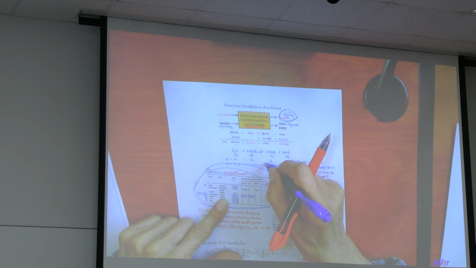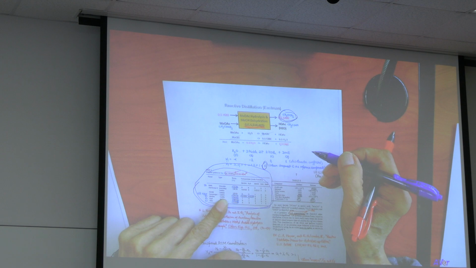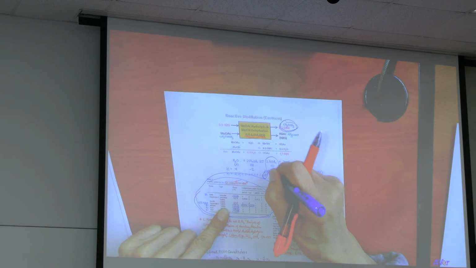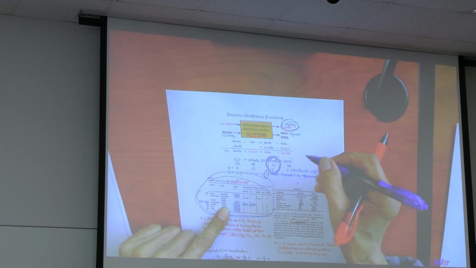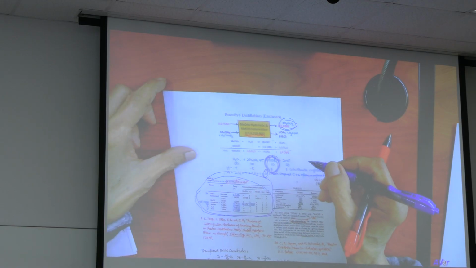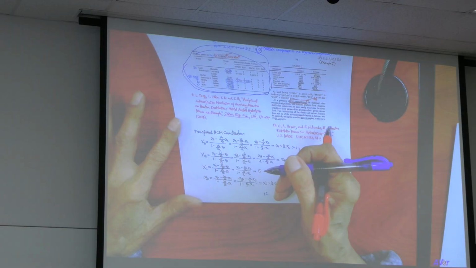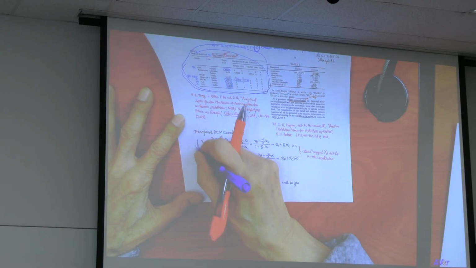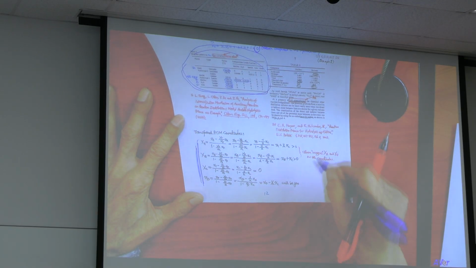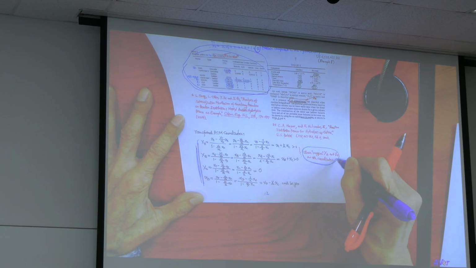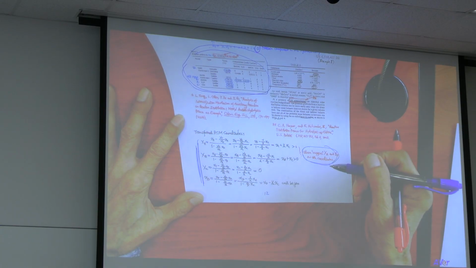Mu T is 0. We will choose acetic acid as reference component K. So your transform coordinate is this. So you plot XA, XB.